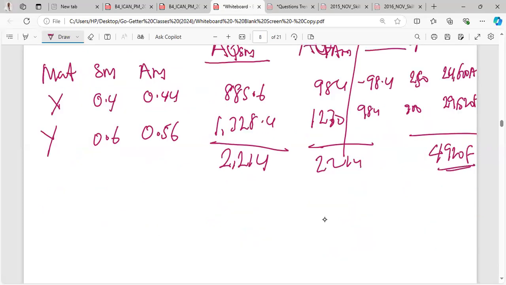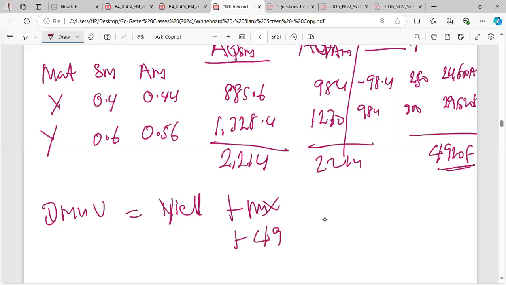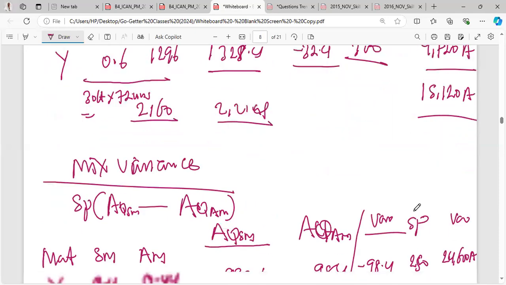So now we say direct material usage variance equals yield plus mix. The mix is 4,920 favorable. The yield happened to be 15,120 adverse.